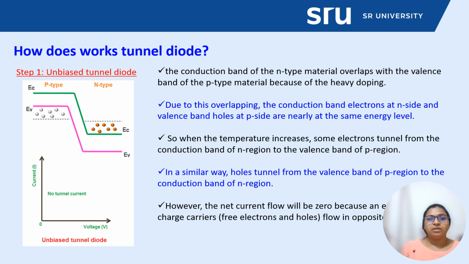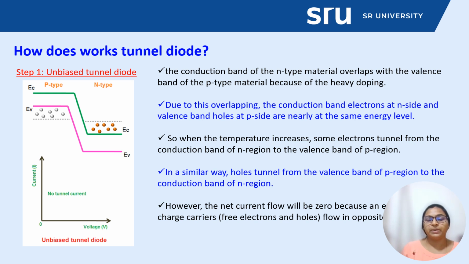Very first is the unbiased condition. That means we are not applying any kind of voltage on it. So when no voltage is applied to the tunnel diode, it is the unbiased condition.